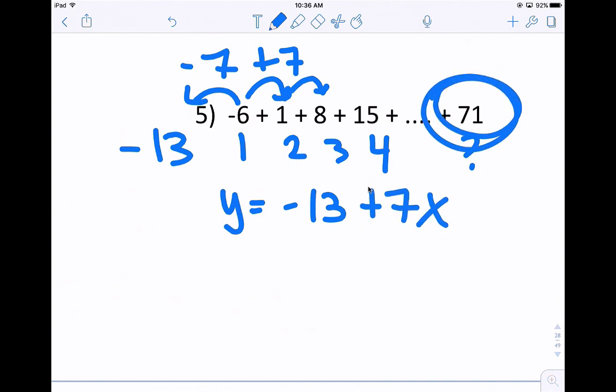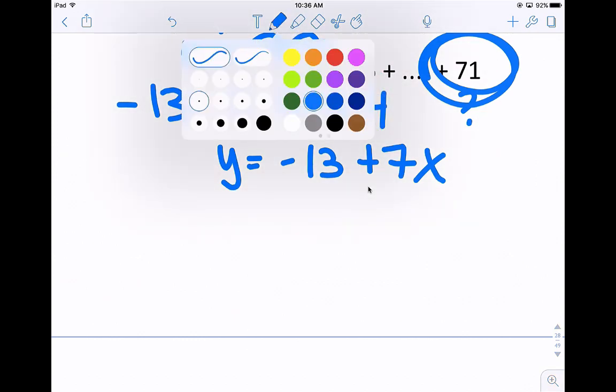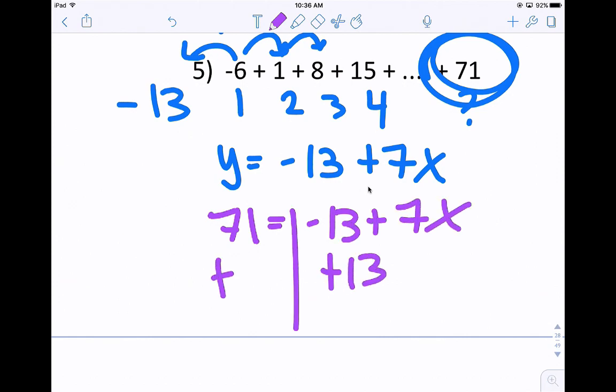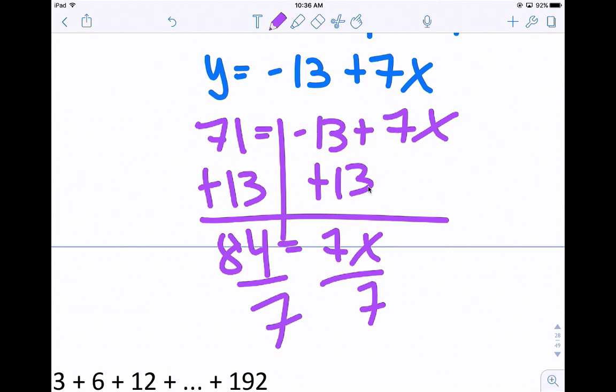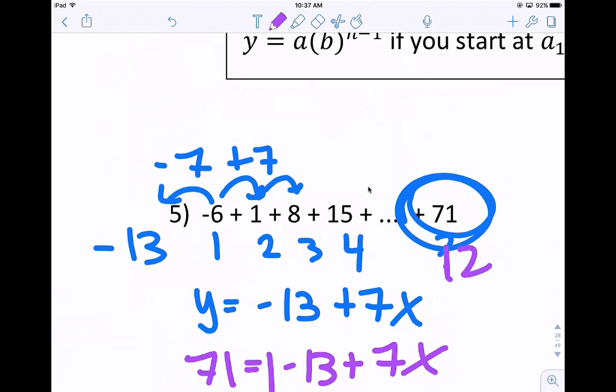And we want to figure out what term gives us 71 for an answer. So 71 equals -13 plus 7x. We're going to add 13 to each side. So we get 84 equals 7x. Divided by 7, 84 divided by 7 is 12. So x equals 12. So this is the 12th term right here.